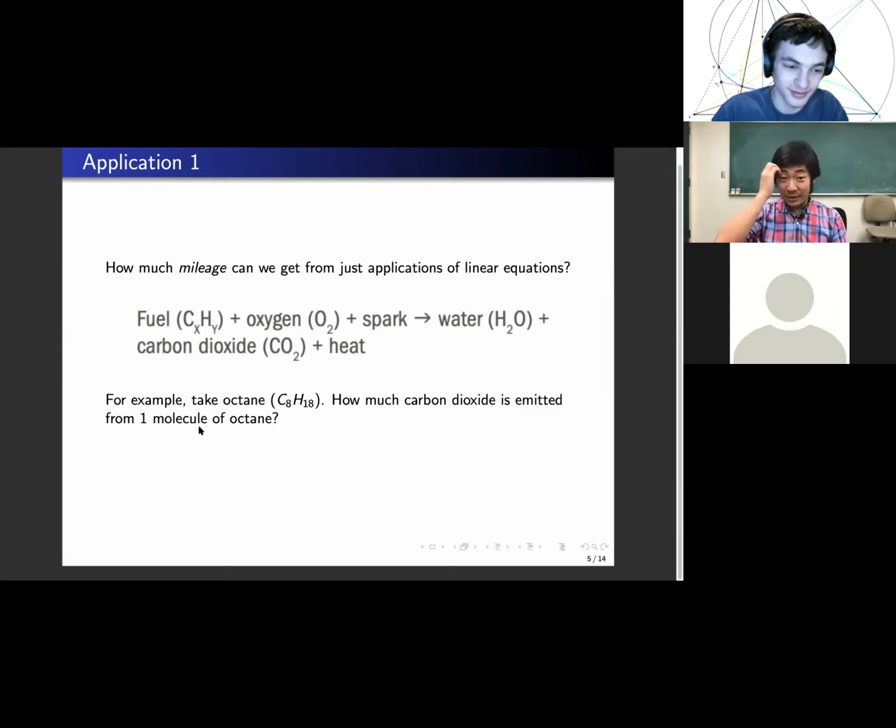For example, octane is C8H18. And how bad is it for our environment each time you combust one molecule of octane?